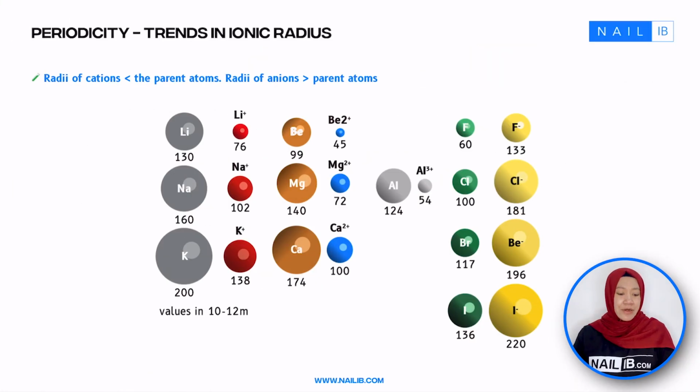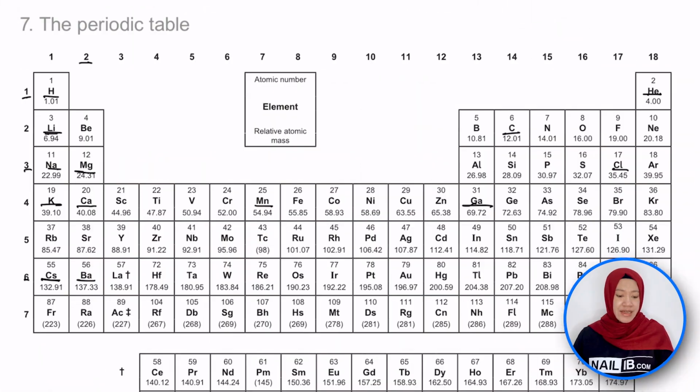Now let's compare the ionic radius with its parent atom. Li comes from group 1: Li, Na, and K. Group 1 has one valence electron, so it loses one electron, so the charge is +1. Li comes from period 2, Na period 3, K period 4.